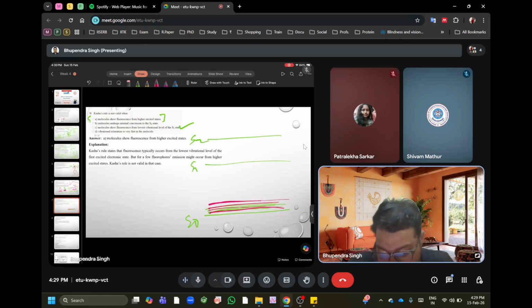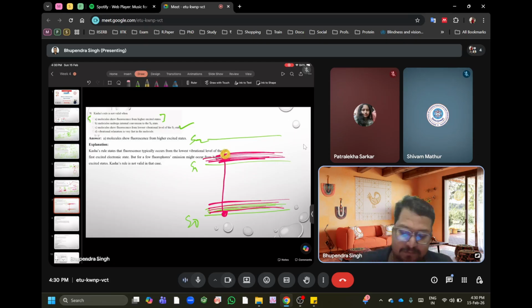Kasha's rule says that the molecule present here will go to this position, then vibrationally relax to the ground vibrational state of the first excited state. Then from here it will come back. So this will give you fluorescence emission. This is Kasha's rule.